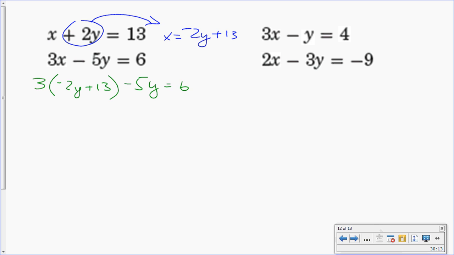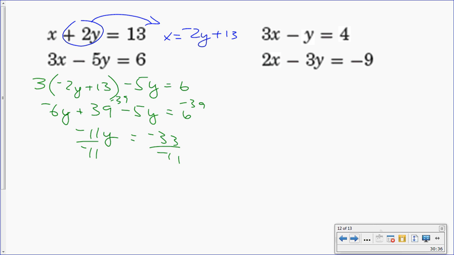It'll be negative 6y plus 39. Combine like terms. Got 39 on both sides. Gives me negative 33. Divide by negative 11. Y equals 3.